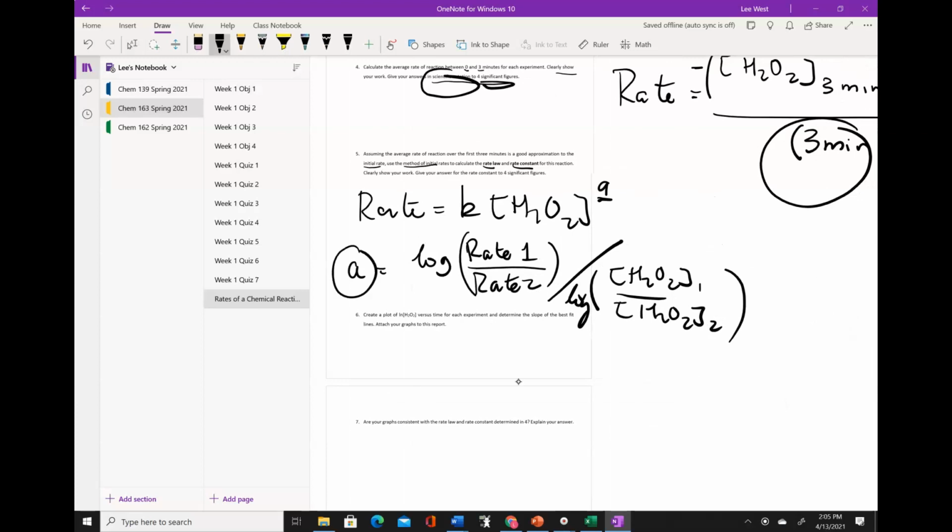So once we've got our A by doing this, then we'll have the rate law.